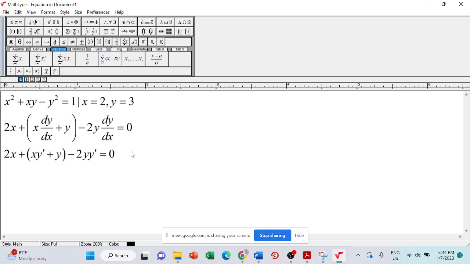But my suggestion is, if you have an implicit function, use the dy/dx symbol, which is much simpler and understandable. Prime is a very simple symbol.